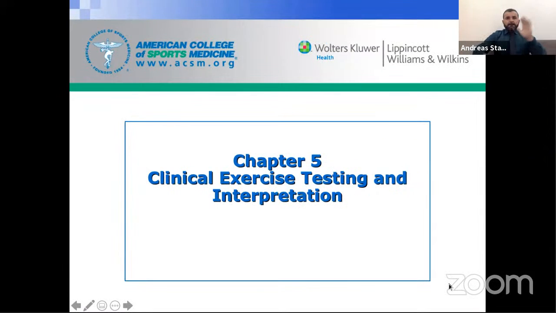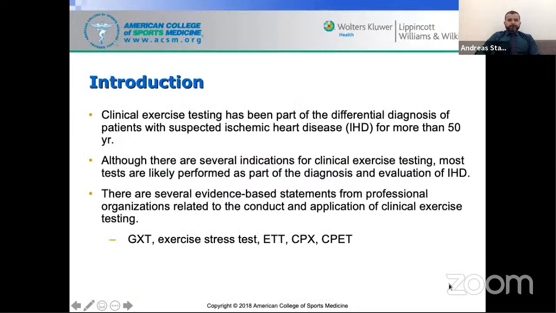All right, so here we move from the fitness tests to the clinical exercise test, okay? And that's something that won't happen a lot unless you're in a specific facility that does that, right? As you can see here, it is part of differential diagnosis for patients with suspected ischemic heart disease.